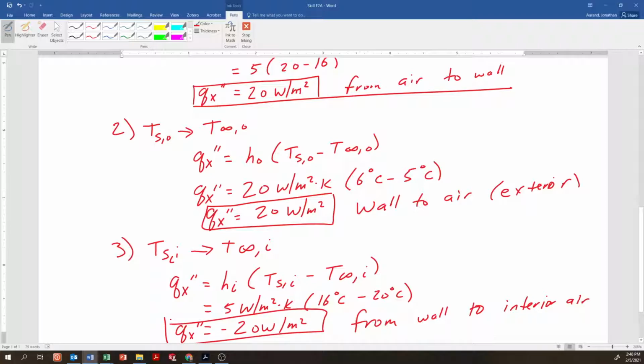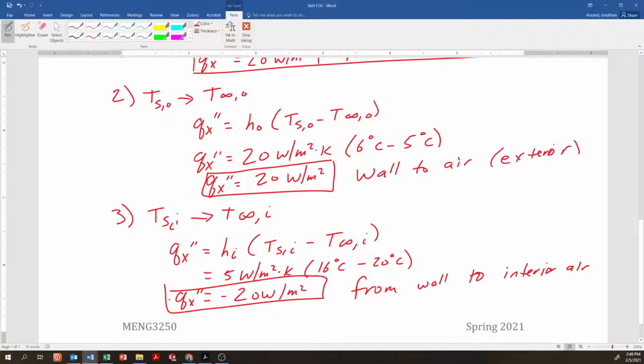So I found a negative sign there, where I had a positive in number 1. These are all 20 watts per meter squared. I'm going to say that's probably steady state.